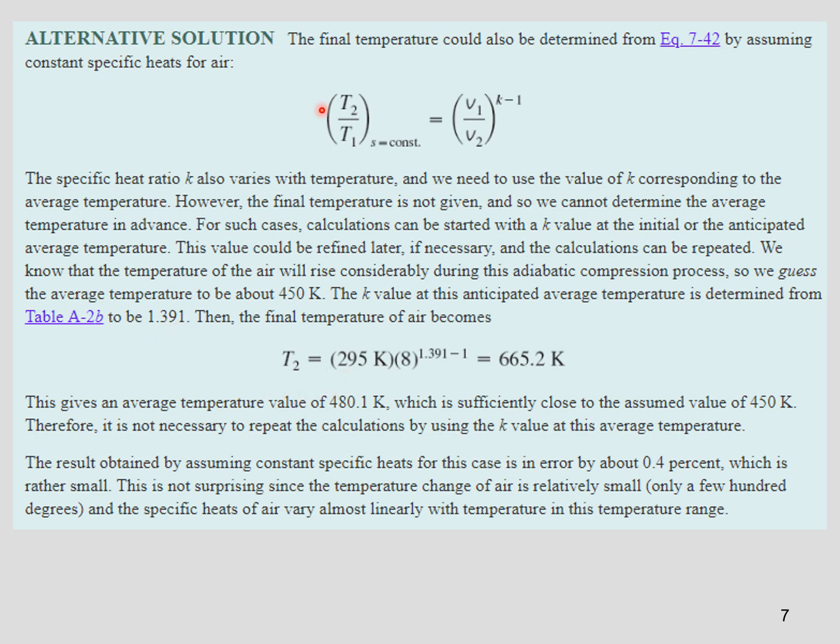You can solve for T2, which is T1 times 8 to the power k minus 1. But remember, this is an approximate analysis; it's more exact using the relative volumes and relative pressures. In this case you're only off by about 0.4%, which is small, but the temperature change is not very large either, so it was accurate in this specific case.